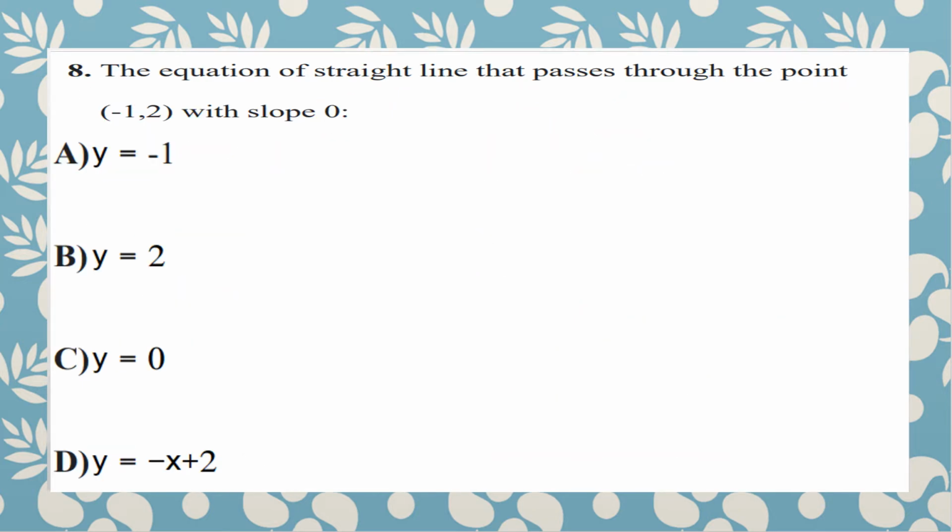Question 8. The equation of a straight line that passes through the point (-1, 2) with the slope 0. M here equals 0, and this is the value of x and the value of y. You already know that if the slope, or m, equals 0, this means that the straight line is a horizontal line.